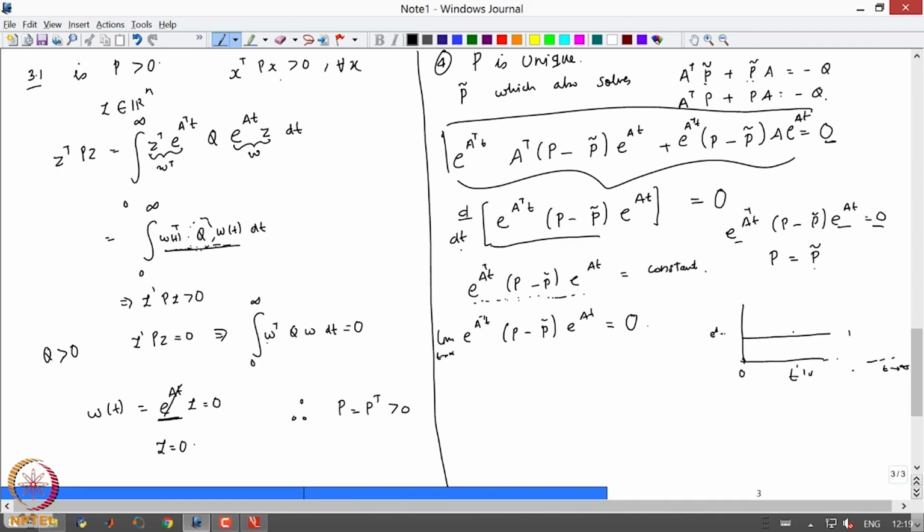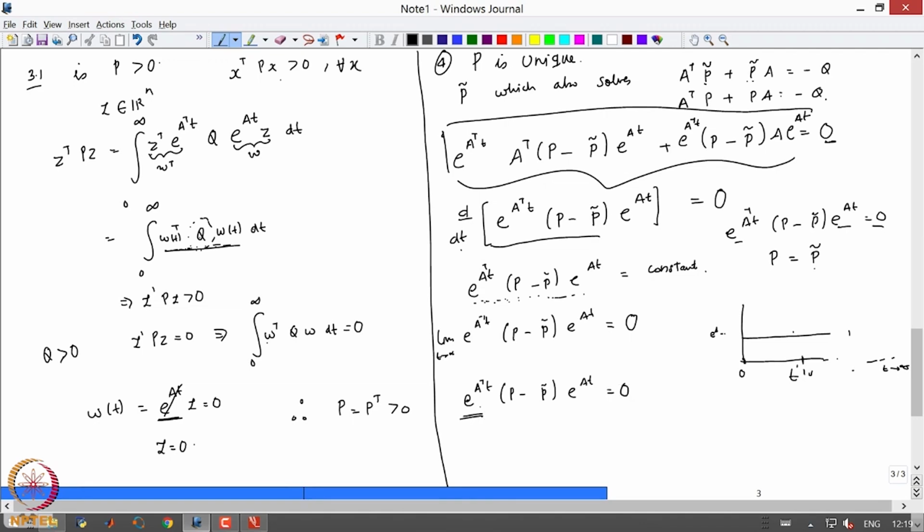So, if it is a constant valued function, then the same value should also hold at t equal to 0, at t equal to 10, and so on. And therefore, this matrix by itself, P minus P tilde, is 0, again because the system is exponentially stable.